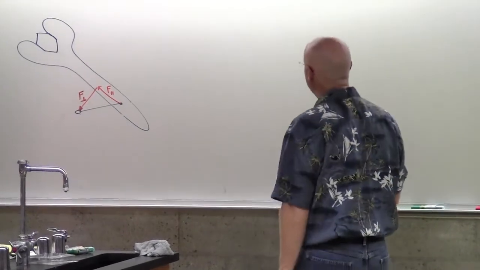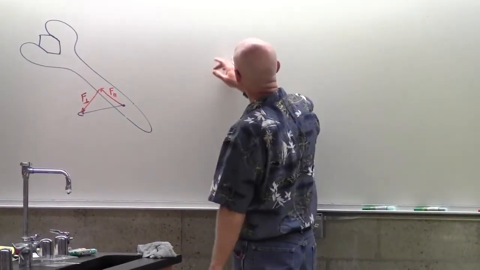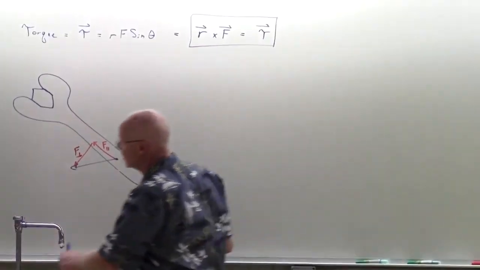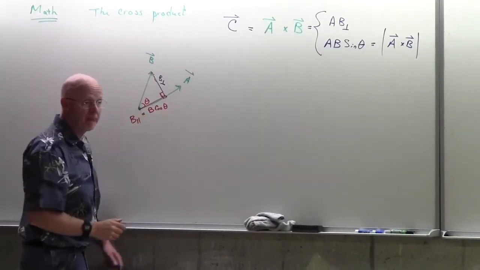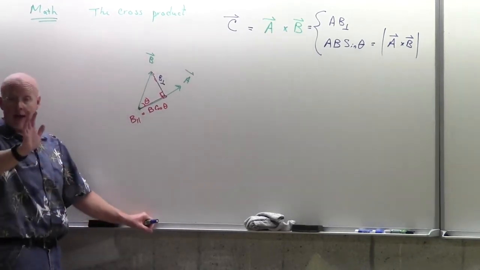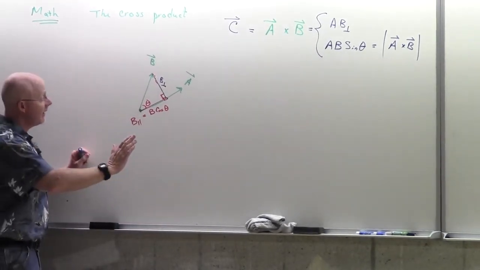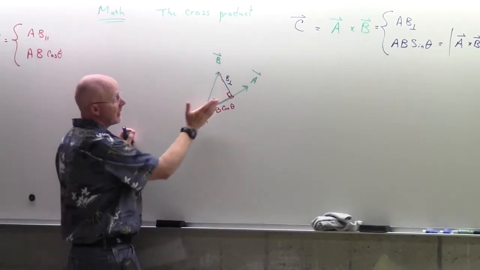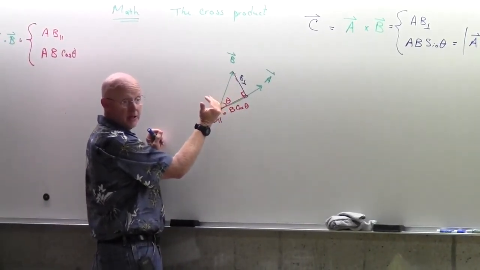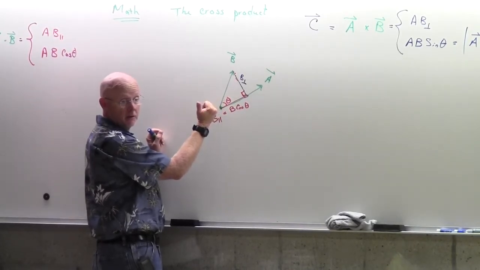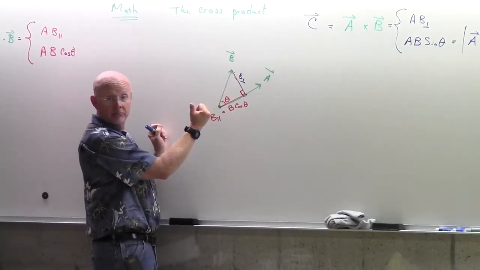If you take two vectors, let's call them A and B. Take your right hand and put your fingers in the direction of the first one, A, and close it towards B, and then take a look at what direction your thumb is.